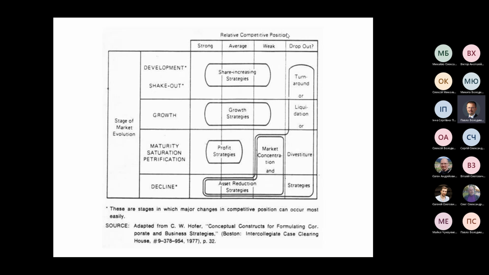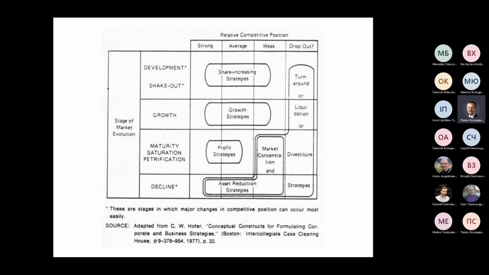Here, just to remind you of the previous material, the first matrix, the matrix of Boston Consulting Group. You remember that in Boston Consulting Group we are using just one characteristic of competitive advantage, relative market share, and when we use General Electric we are adding other characteristics.